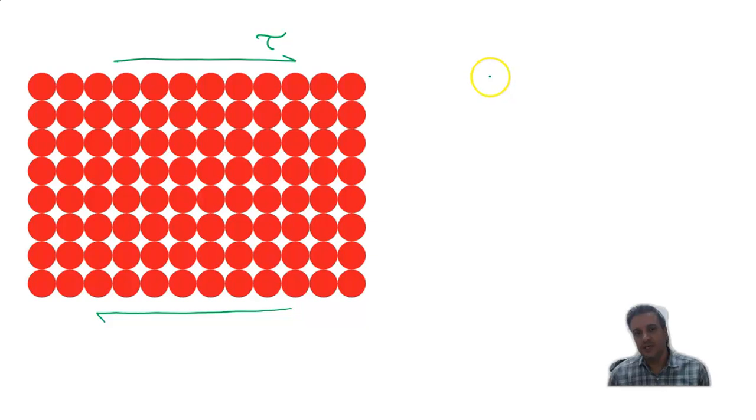Before going into the detail of the discussion, it is worth mentioning that plastic deformation is only made by shear stress. Imagine a part of the crystal to which we apply this shear stress in this direction, and by applying this shear stress, some planes of the crystal start to move with respect to each other, and because of this movement we have a plastic deformation.